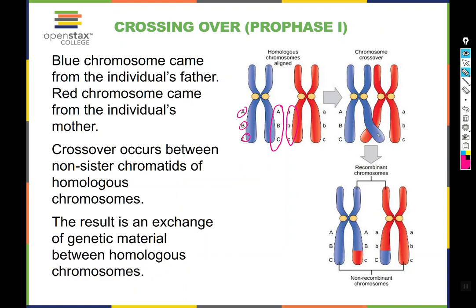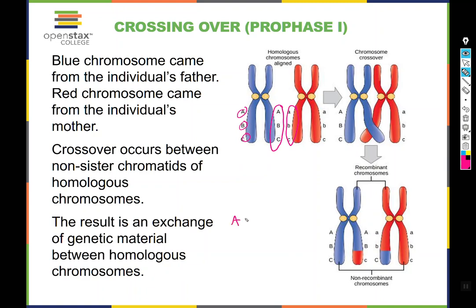But when they cross over, now we have 2 recombinant chromosomes. This one has little a, little b, big C, and this one has big A, big B, little c. So now we have heterozygous chromosomes, and those are recombinant. But there's also some non-recombinant ones. So as a result of crossing over, if you were to split these chromatids apart, which will eventually happen at the end of meiosis, you're going to have gametes of the following genotypes.